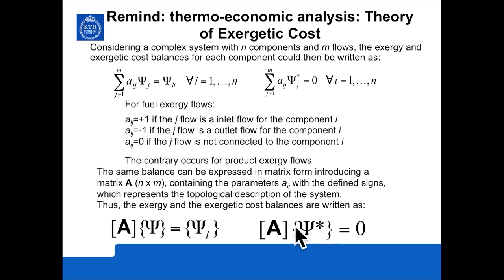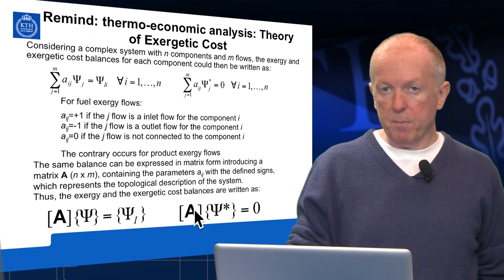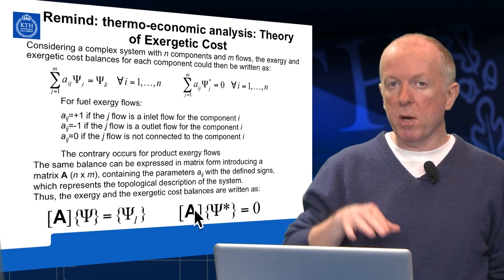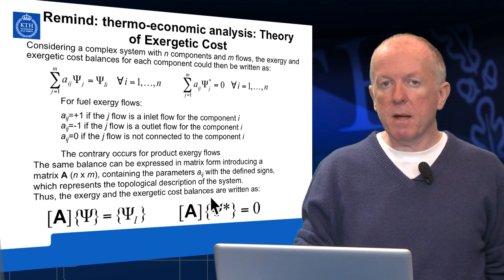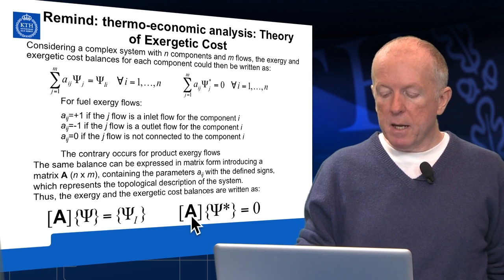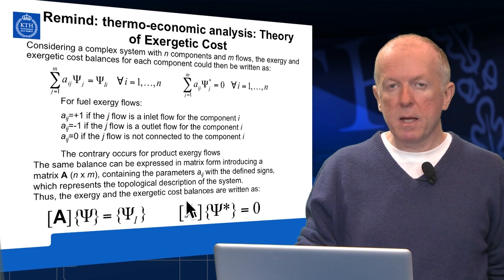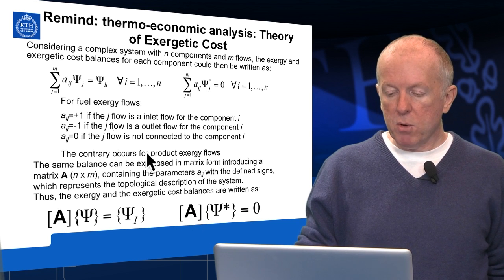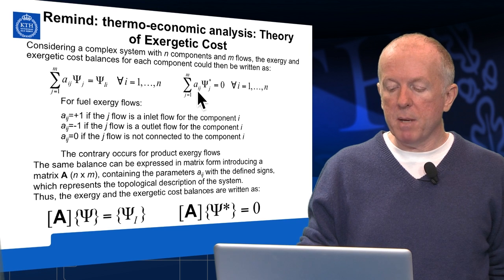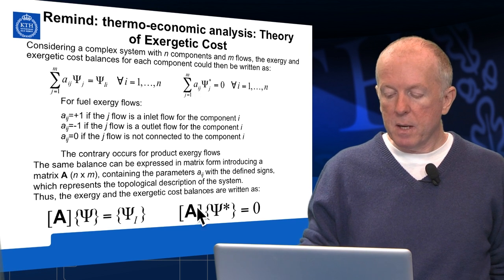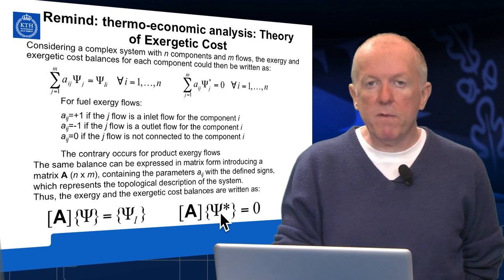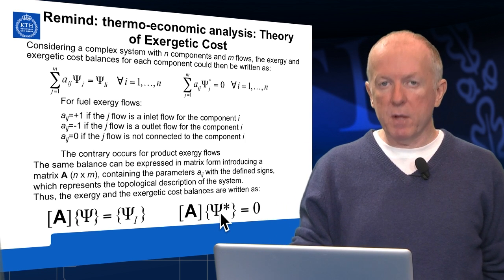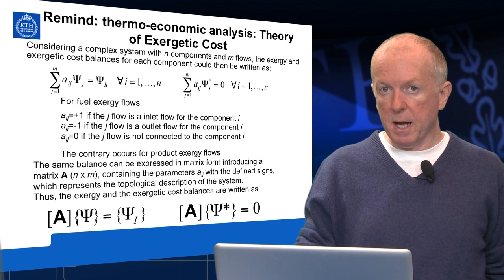So again, at the bottom, we obtain the total equation extended to all the components of the system, which is written in matrix form. Again, there is the topological matrix A, which contains the various parameters Aij, multiplying the vector of the exergetic cost of the exergy flows of the system, so psi star.